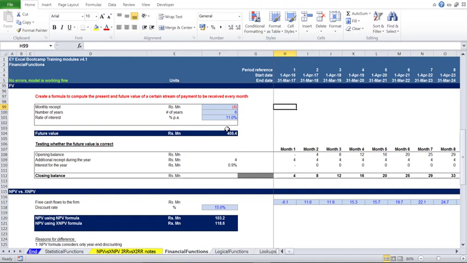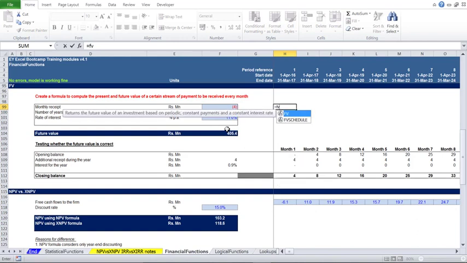So in the example before us, we are receiving rupees 4 million every month for 6 years, that is 6 years monthly, which becomes 72 payments, and at the rate of 11% per annum, which should be 11 divided by 12 to arrive at a monthly rate. Now let's look at the future value computation.